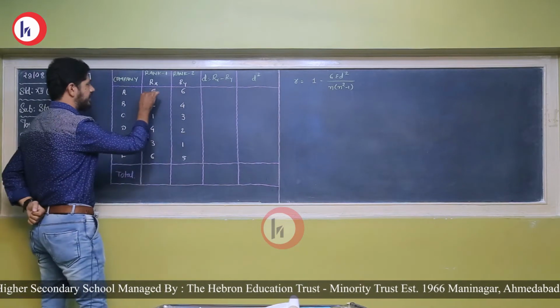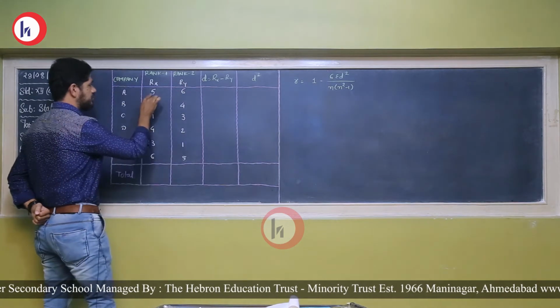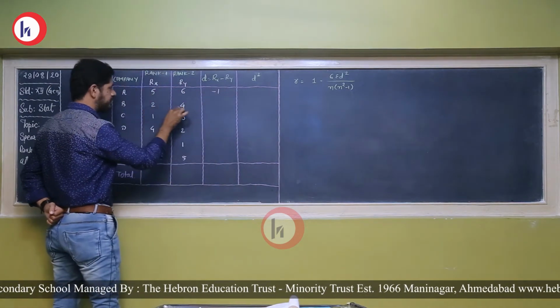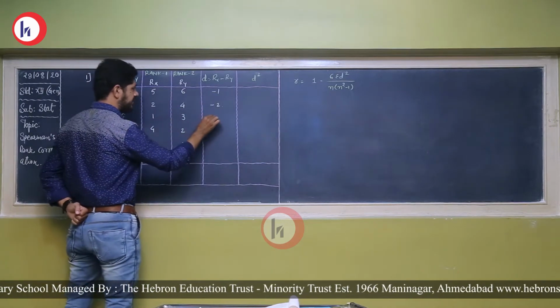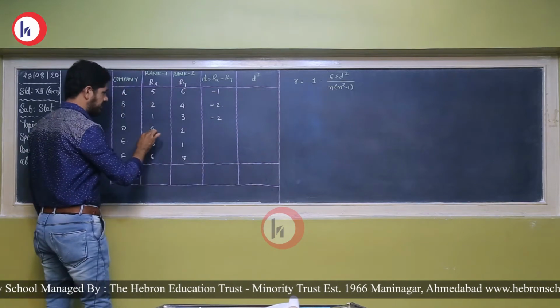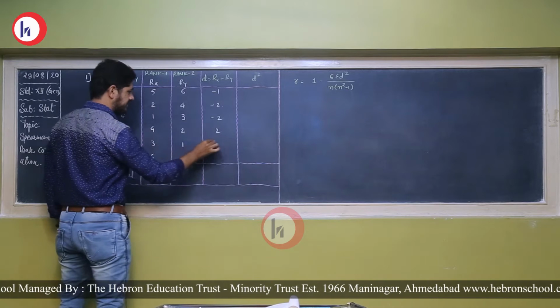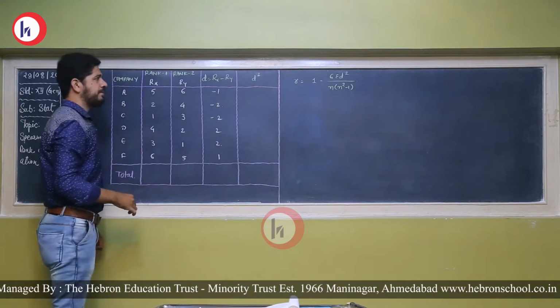The value of Rx is 5 and the value of Ry is 6, so 5 minus 6 is minus 1. 2 minus 4, minus 2. 1 minus 3, again minus 2. 4 minus 2, 2. 3 minus 1, 2. 6 minus 5, that is 1.